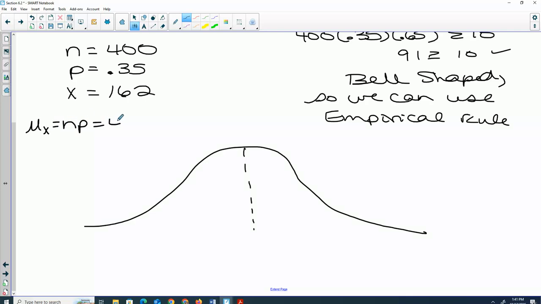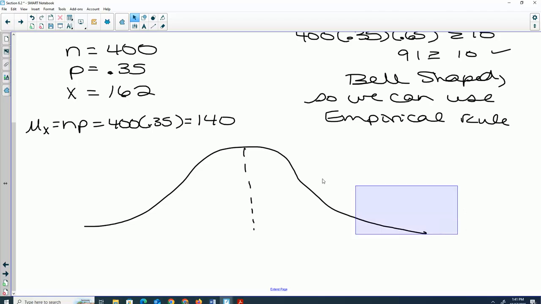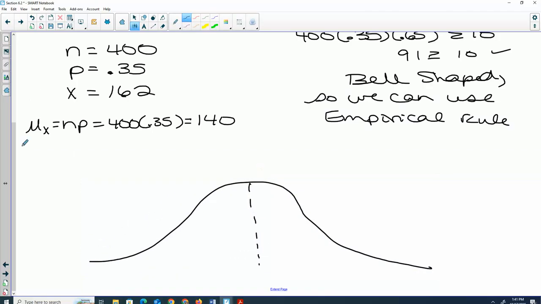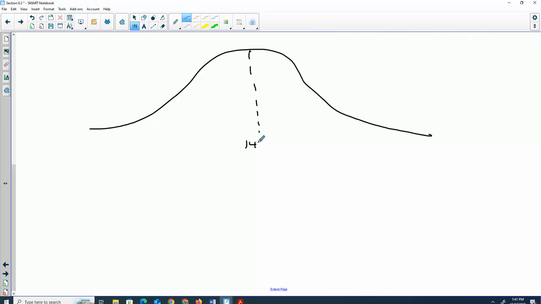N times P. So 400 times 0.35 gives us 140. So if I were to draw a bell curve, the middle would be at 140.